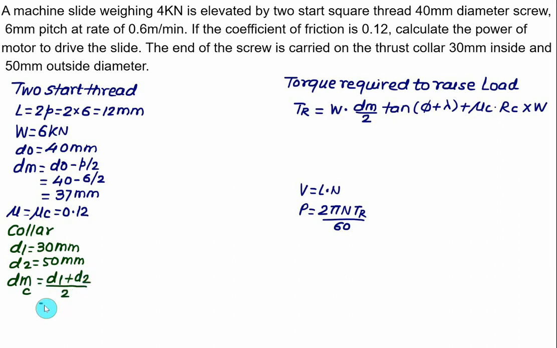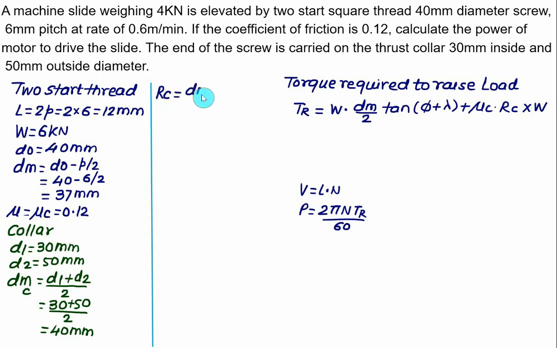That is we have 30 plus 50 divided by 2, 80 divided by 2 is equal to 40 mm. But in calculation we required Rc. So we have mean radius of collar is same as mean diameter of collar divided by 2. That is we have 40 divided by 2, which is equal to 20 mm.